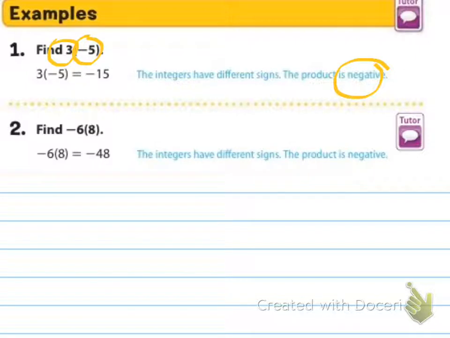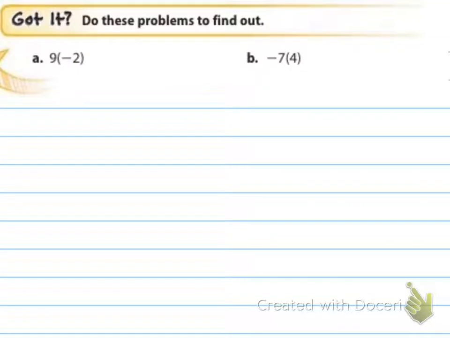Negative 6 times positive 8, again, we multiply like normal. That's 6 times 8 is 48. Different signs, negative. So negative 48 is the answer. Very simple rule. Multiply, different signs, negative. Done. I don't have a song for this, so you're going to have to work on that.